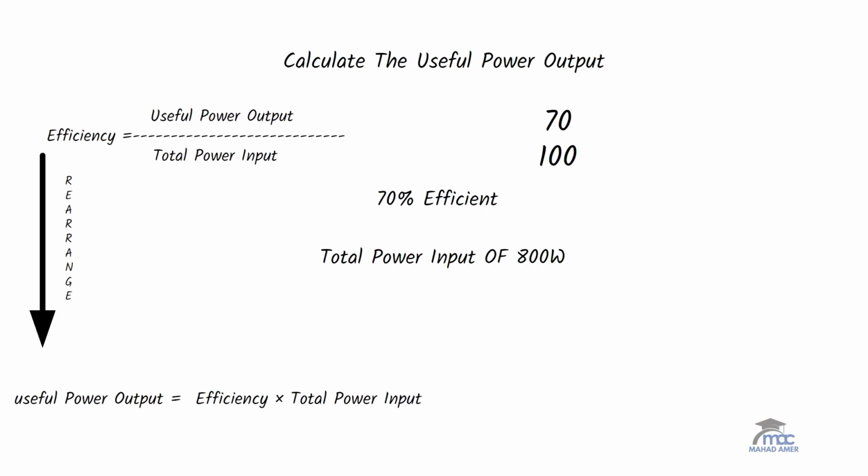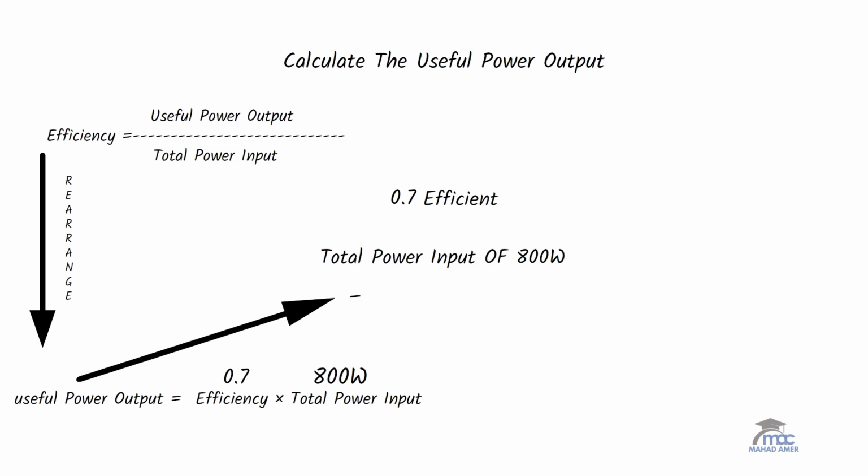Then you'll convert your efficiency into decimal by dividing 70 by 100. This gives you a result of 0.7. Now you will multiply this efficiency by the total power input, which is 800 watts. Hence, your useful power output will be 560 watts.